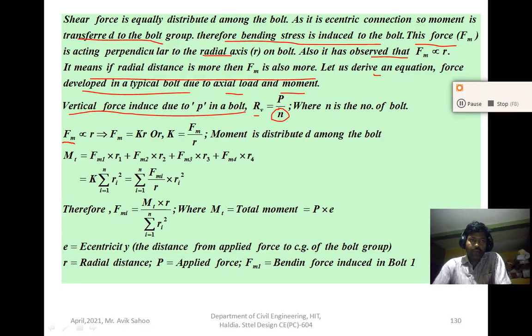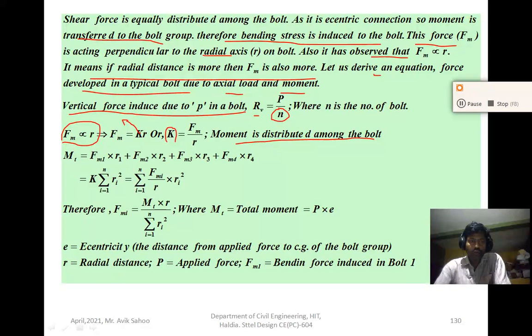Again, Fm is proportional to R, that we consider. We have observed that the bending force is proportional to radial distance, so we get a proportionality constant K, where K is equal to Fm by R. Now the moment is distributed among the bolts depending on radial distance.